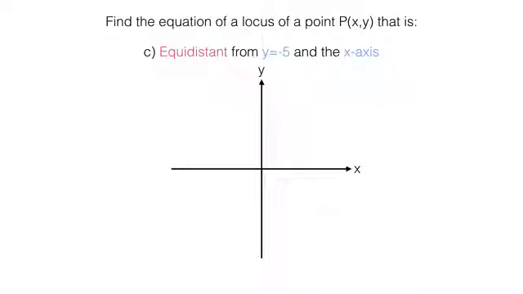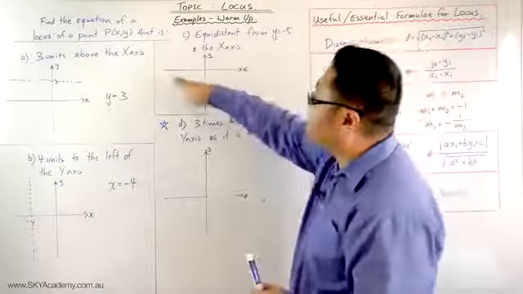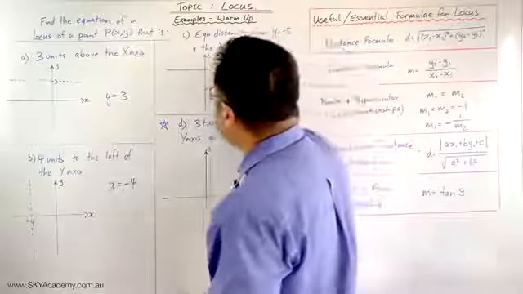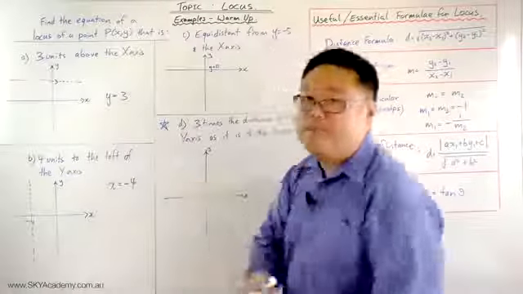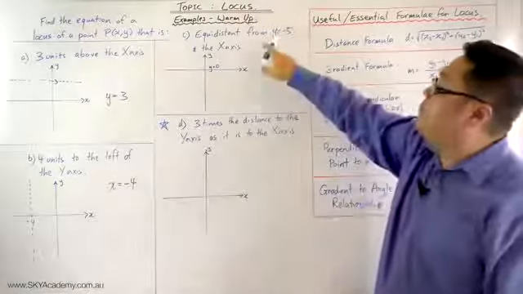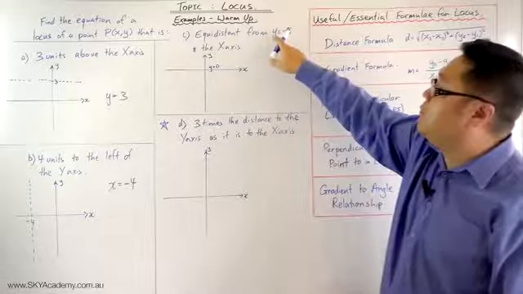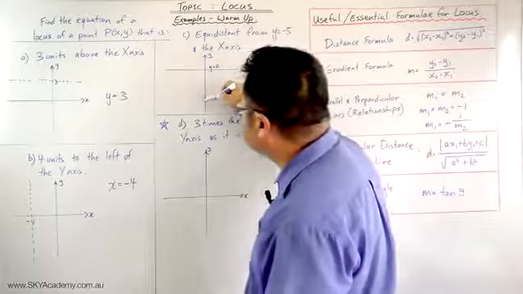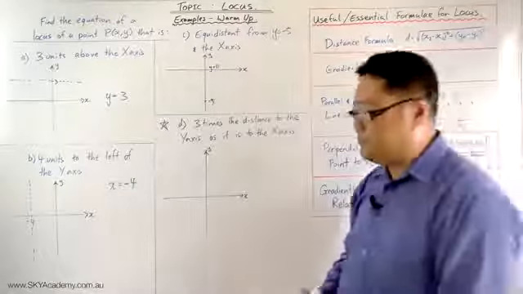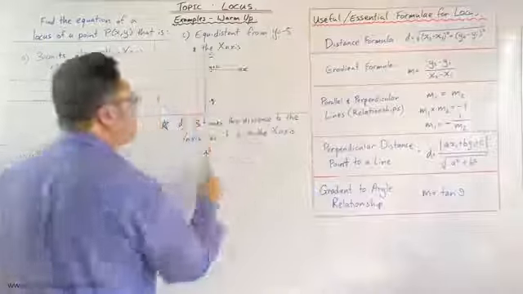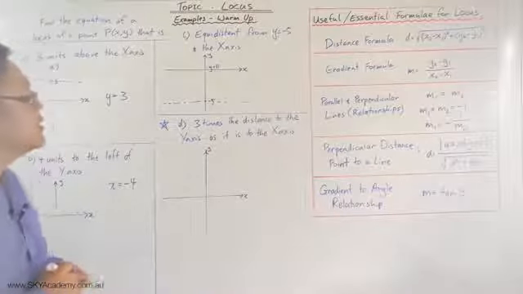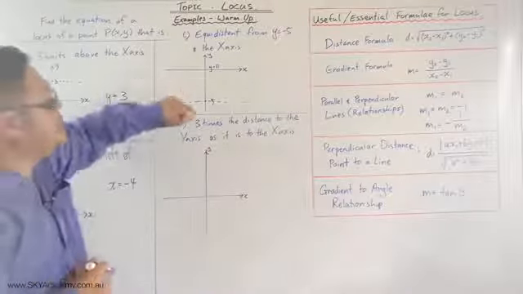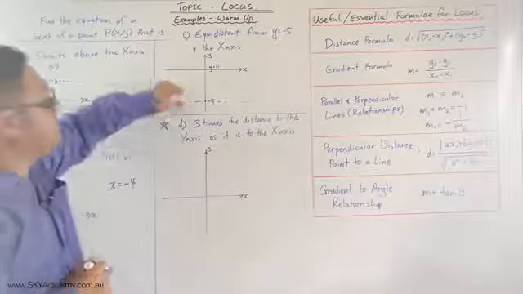The next question: equidistant from y = -5 and the x-axis, right? So the x-axis is here, and it has an equation of y = 0, yes? And it's equidistant from y = -5, which is basically -5 units that way. Good. So, what is the locus of a point that's equidistant from this line and this line?